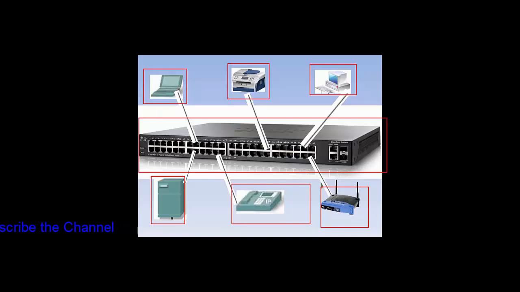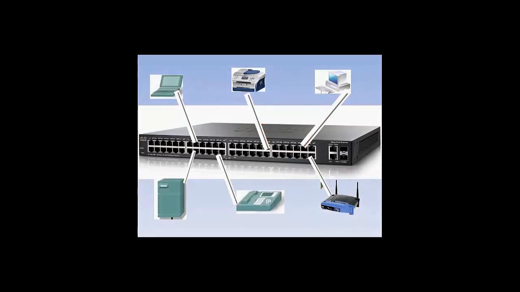Like if I have to give some print command, naturally it should be connected to the network printer via switch. So switch enables the communication between different devices on the network.